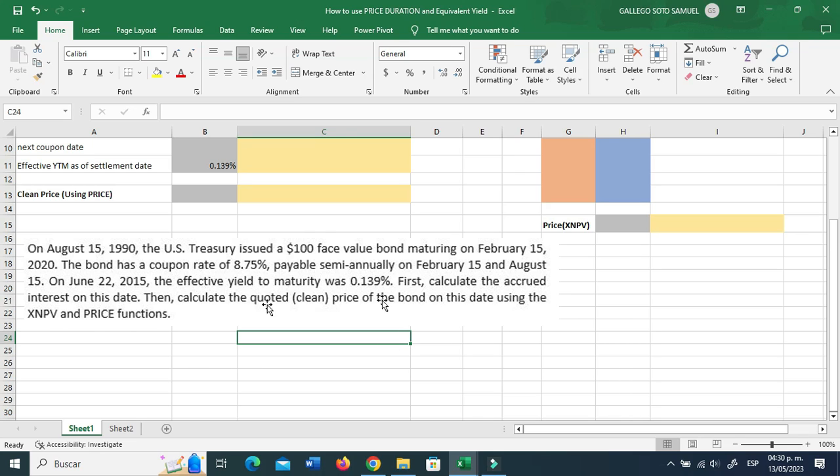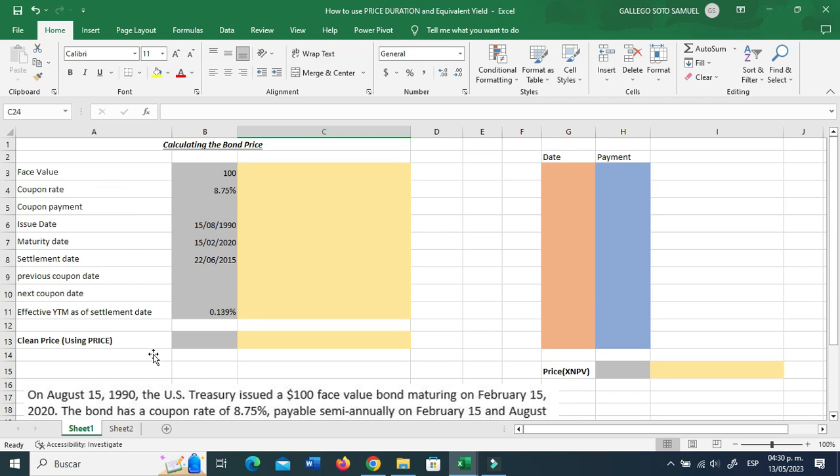First, calculate the accrued interest on this date. We're not going to be doing that. Then calculate the quoted or claim price of the bond on this date using the XNPV and the price functions, and that's pretty much what we're going to be doing, except that accrued interest thing that we already did in the last video. Okay, so let's start.